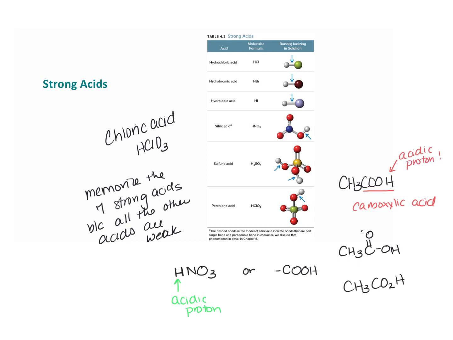That's the one that gets transferred. These guys here just hang out. They don't get transferred. They're not out in front of the molecule, so they're behind here, and so they're not acidic. So the 2 ways that we can identify whether we have acidic protons is if they're out front or if they're part of a carboxylic acid.